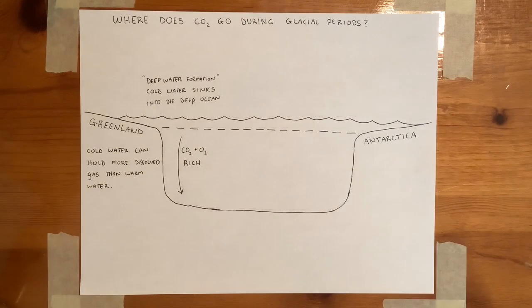We already have some experience in this class with the idea of gases being dissolved in fluids. We talked about how gases are dissolved inside of magmas, and when they come out of solution and form bubbles, that can cause explosive eruptions, right? So we know that these gases are not present as bubbles in the water.